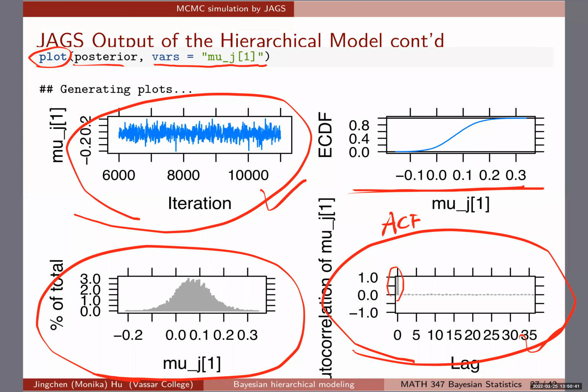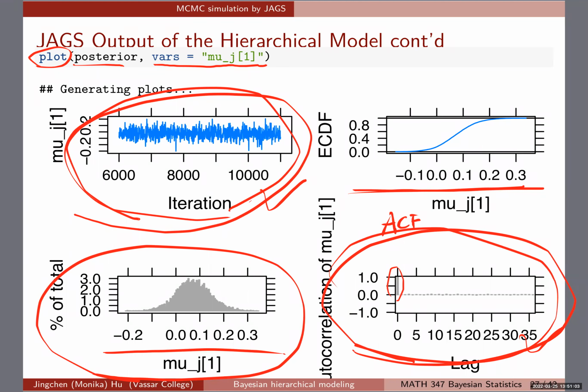You can also see from the bottom left the density plot, which is the histogram, where mu J1 roughly lies, somewhere around 0. Overall, these two on the diagonal are the ones we should focus on when checking the MCMC diagnostics, and overall it seems fine for mu J1.